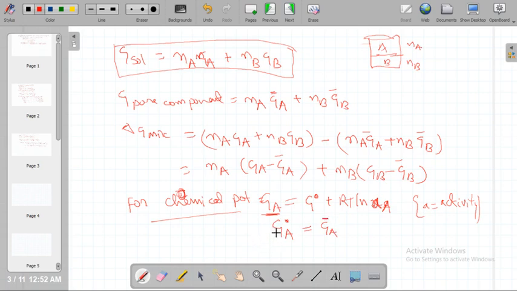This Ga is the Gibbs free energy change of component A in the solution, and G bar is the Gibbs free energy change of pure A. So Ga minus Ga bar equals RT ln A, where A is the activity of component A.